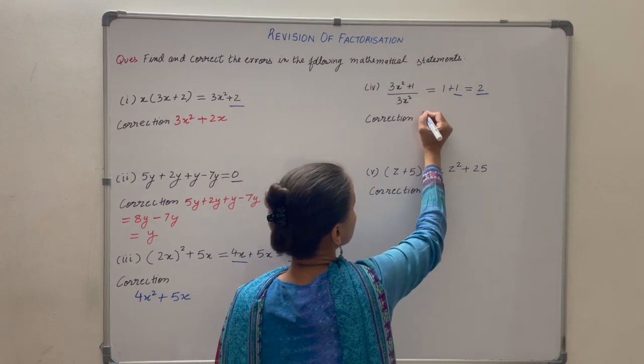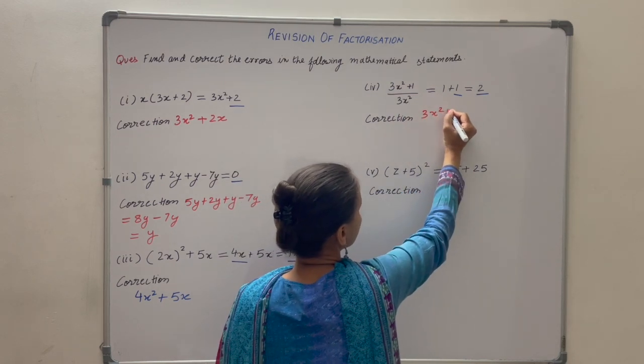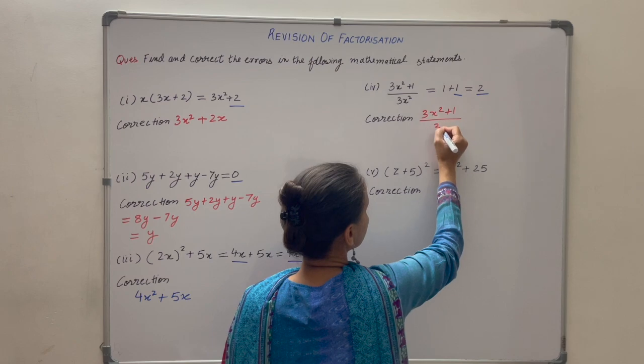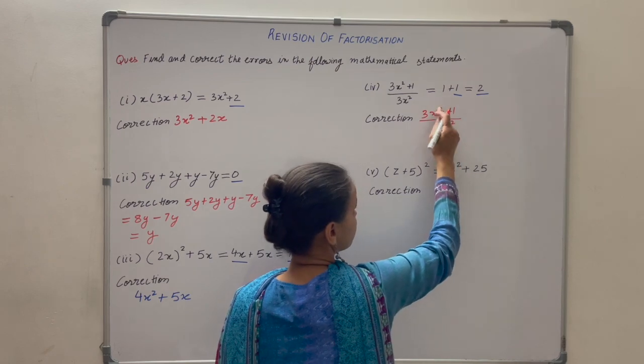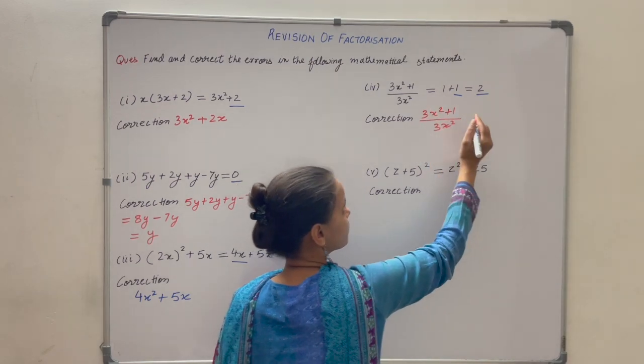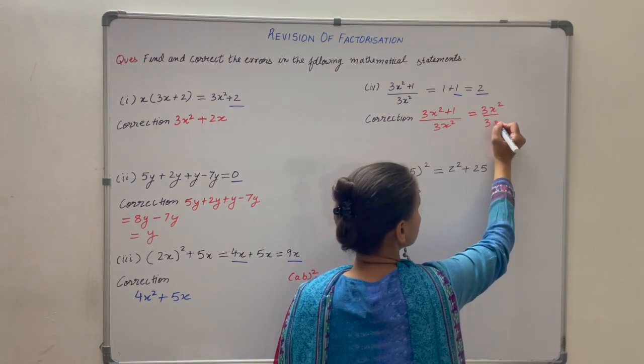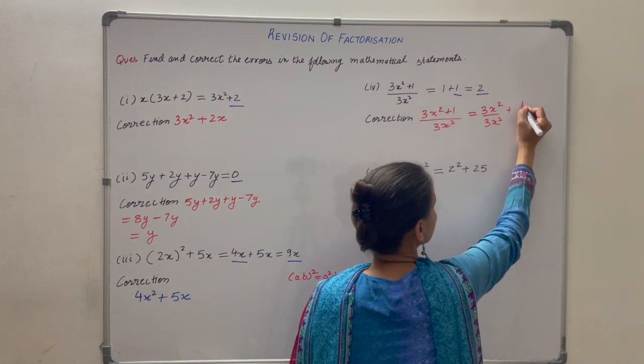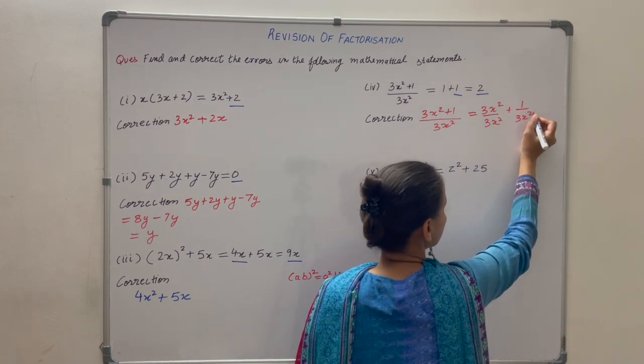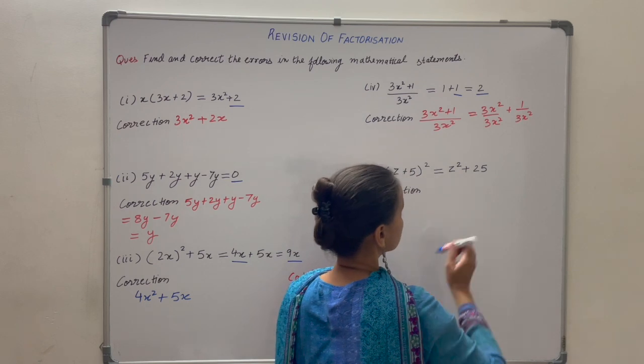So the question here is 3x square plus 1 divided by 3x square. So when you divide it, first you have to divide this by this. So how will you write it as? 3x square upon 3x square plus 1 upon 3x square. So here you can cancel this.